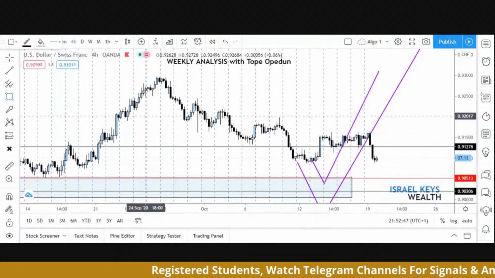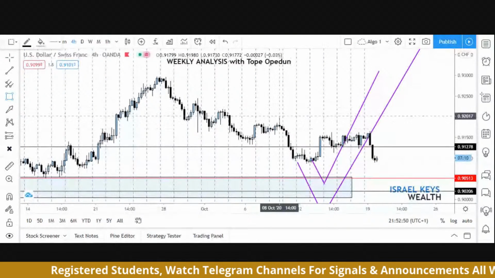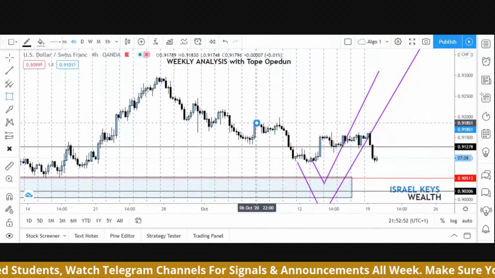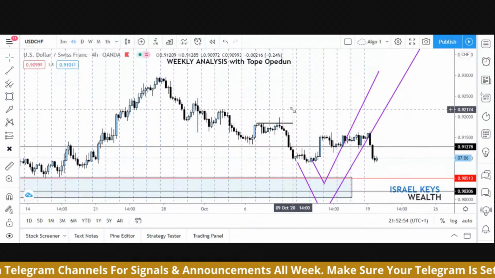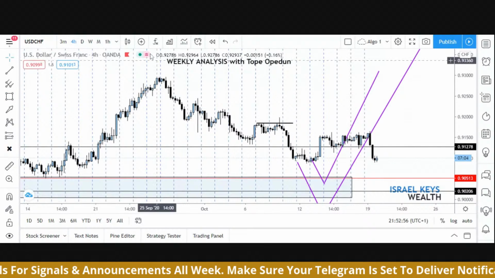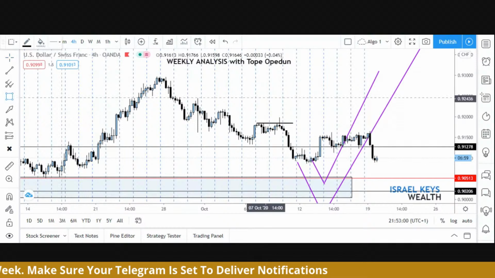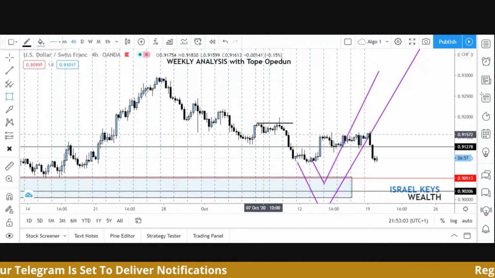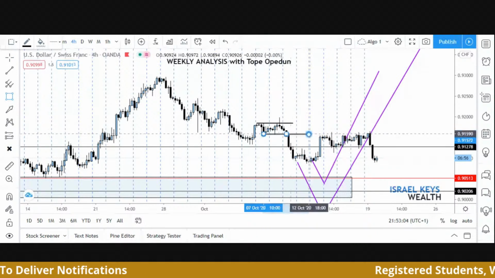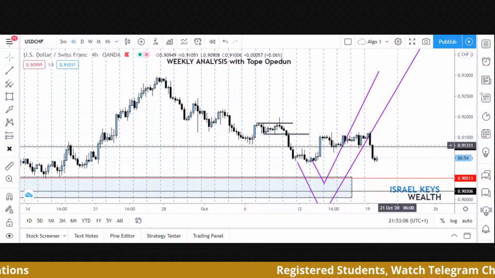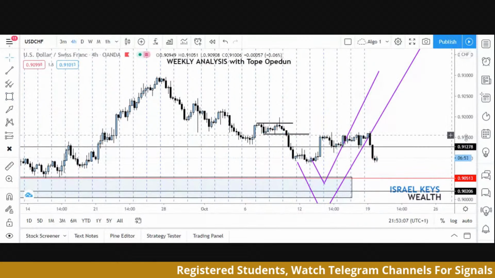So can you see this weekly, this H4 high, taking out that H4 high, and then market structure broke that range. Market structure break happened, rather.